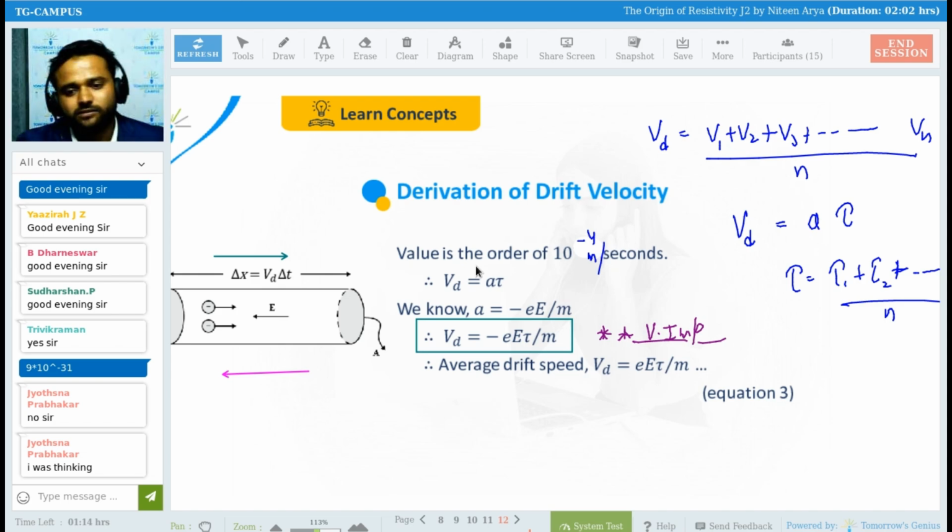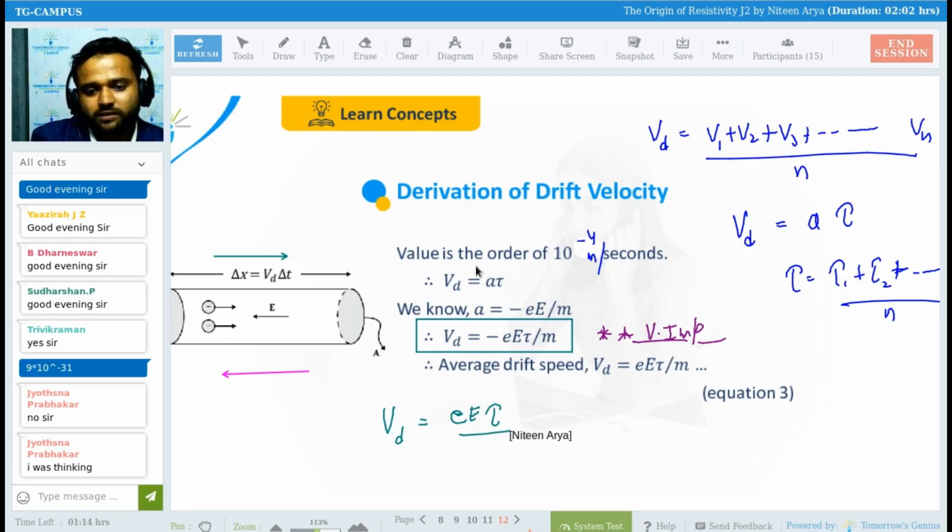Okay, and then there is a relation we created, or rather found. This is average speed. So when they tell you to find average drift speed, you just forget the negative sign, because this is how we find the speed from the velocity.